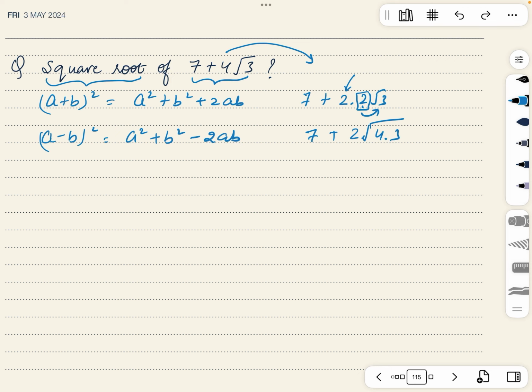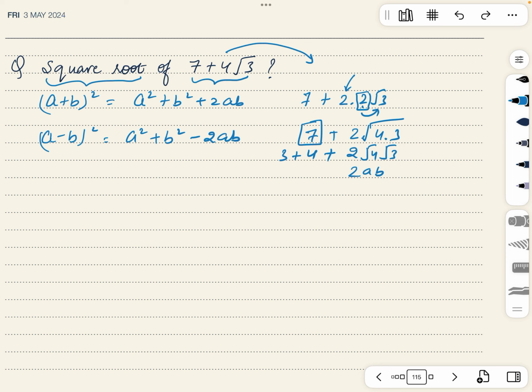Right? Now we have in the inside 2 root 4 root 3, which is 2ab. Can I also have 7 in the form of 4 and 3? Of course. So 3 plus 4 plus 2 root 4 root 3.